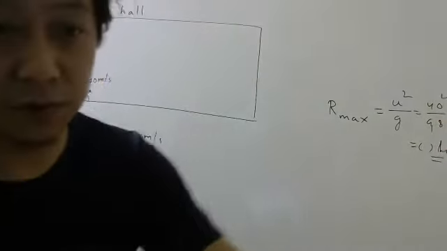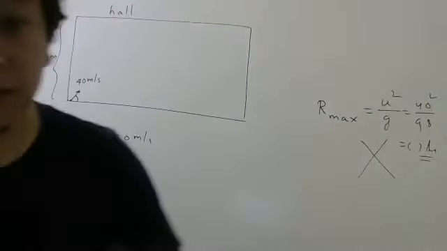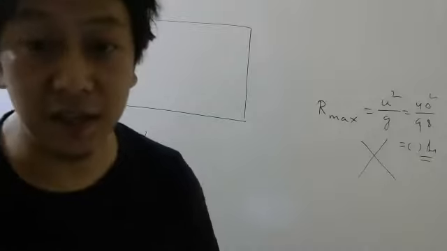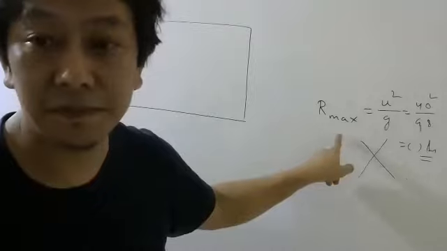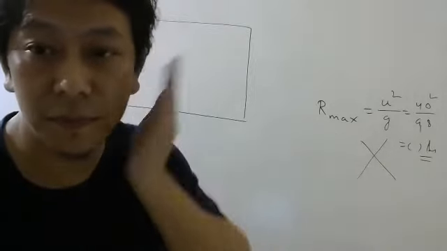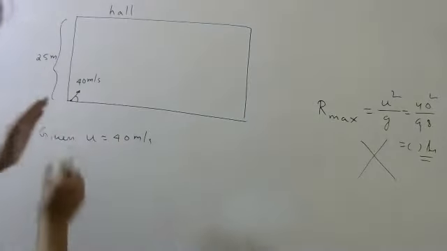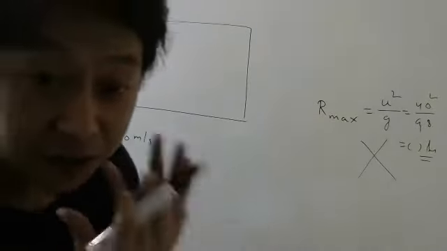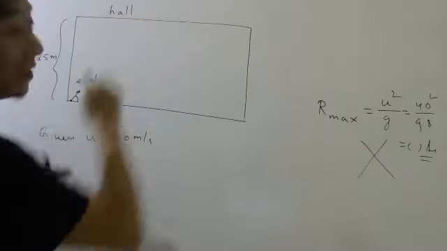This way if you do, it is incorrect. The reason why it is incorrect is, in order to have this range, what should be the angle? For this range, angle should be 45 degree. But we are not sure. We are not sure at 45 degree, maybe it will hit the ceiling.